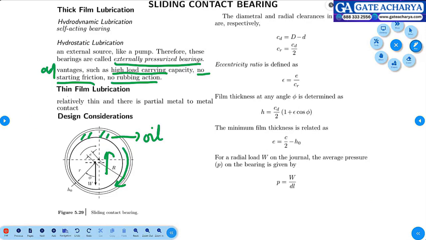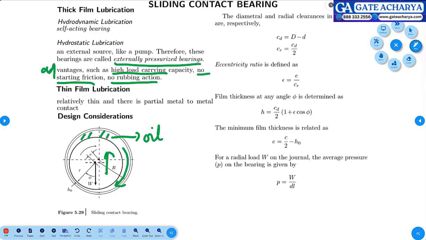So no friction, no rubbing action. Whereas with hydrodynamic, first this journal will be in contact with the bearing. As soon as it starts rotating, rubbing action and friction will all be present. As you slowly push the oil in between the journal and the bearing, slowly it will get lifted up. So starting torque is very high for hydrodynamic lubrication. It is less for hydrostatic because it's externally pressurized.